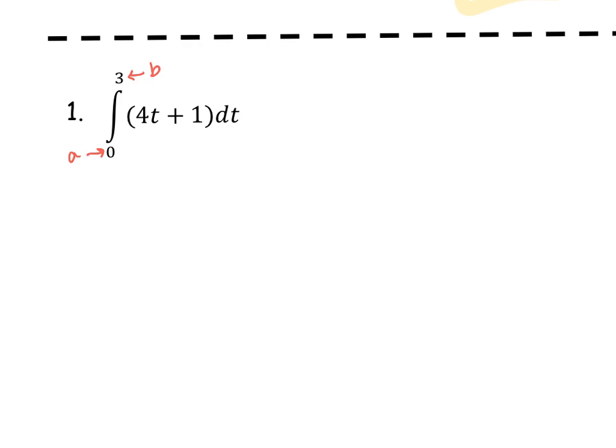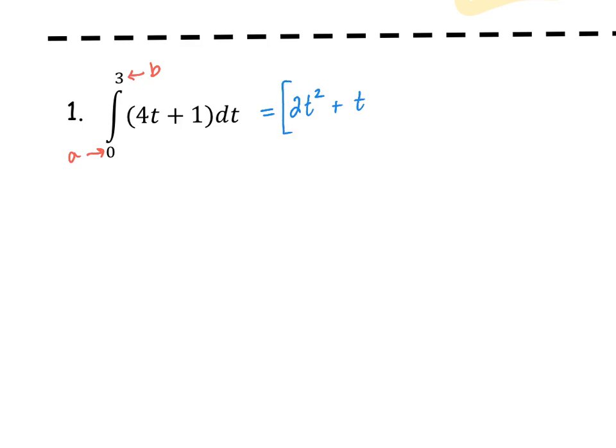All right, so in order to solve this, we're going to do exactly the same thing as we do with taking an antiderivative. First, I'm just going to take the antiderivative of 4t plus 1. That's going to give me 4t squared divided by 2, which simplifies to 2t squared, plus the antiderivative of 1, which is t.